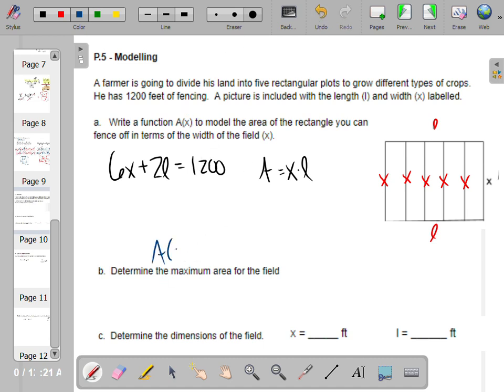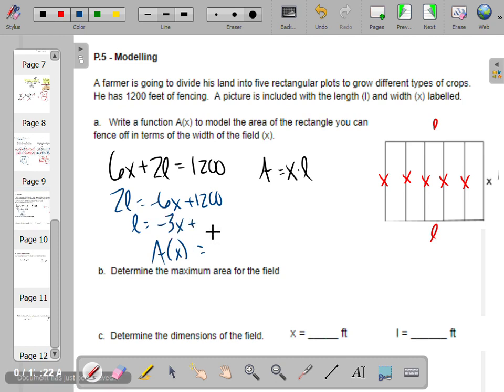So A of x can only have x's in it. Any L's have got to go away. So L, I need a substitution for it. So I'm going to come over here and isolate L. So 2L equals subtract 6x, then divide, negative 3x plus 1,200 divided by 2 is 600. So when I write my model, A of x, now I'm going to write it over here.